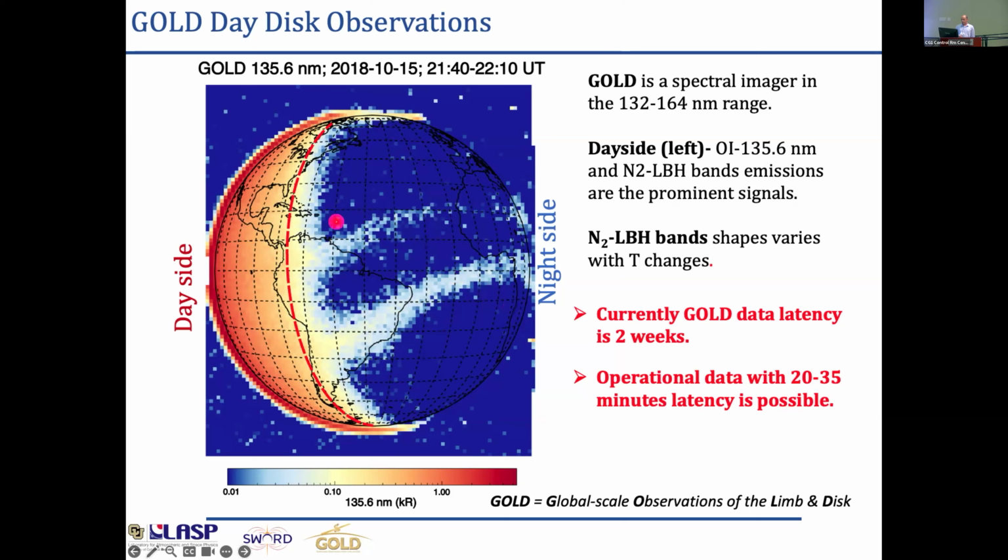In the night side, we observe the ionosphere, and in the day side, we observe the airglow, or basically thermosphere. In the day side, some of the prominent emissions that we get are the N2 LBH bands, and the other one is the oxygen 1356. So we can use this to derive a lot of parameters.